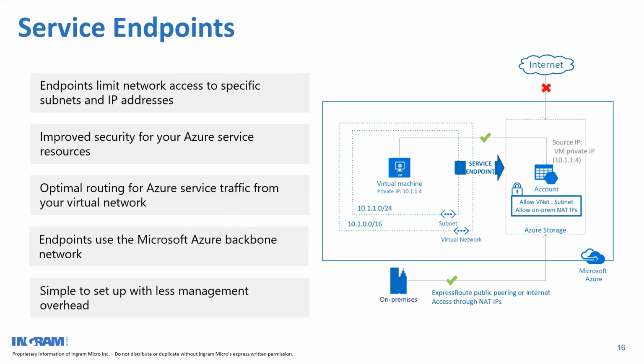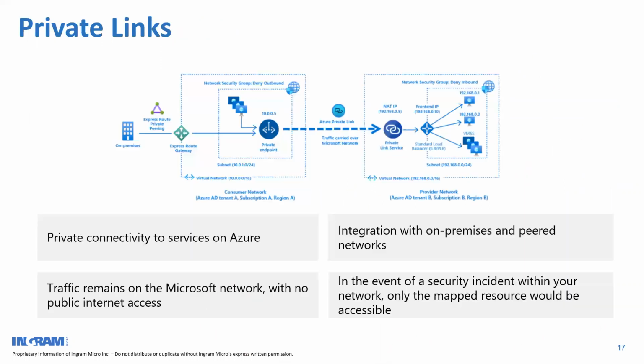Right? So the next option is called Private Link. Private Link is, let's say, a step ahead of service endpoints, right? Private Link lets you communicate between Azure IaaS, which is infrastructure as a service, and either a platform as a service or another network through private IP addresses itself.